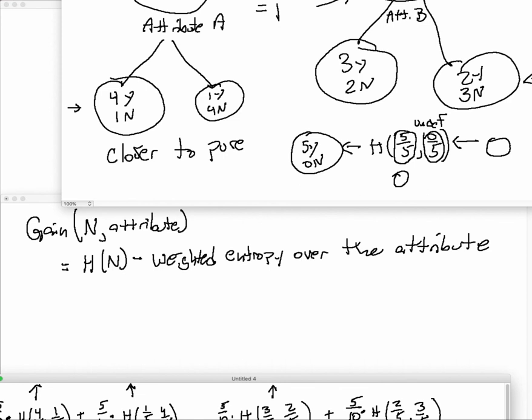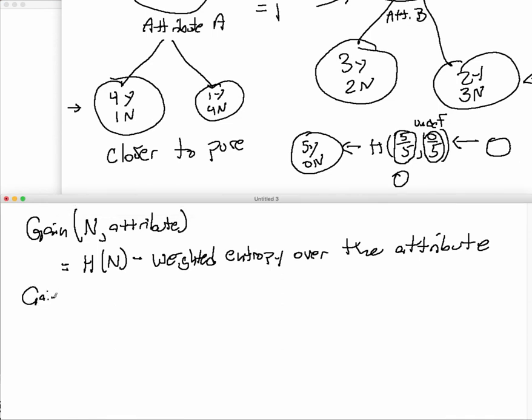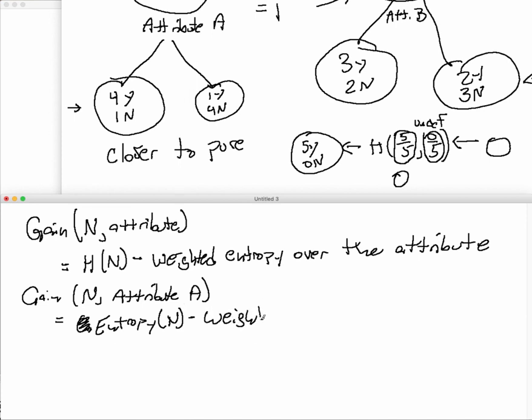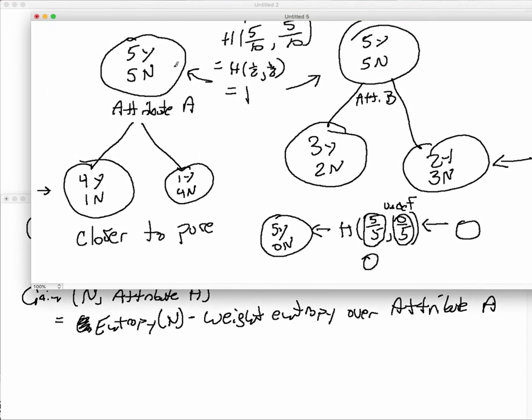So what we need to do is we come over here. Remember, we had attribute A and we had attribute B. So I want to look at the gain of n over attribute A, and that was equal to the entropy in n minus the weighted entropy over attribute A. Well, the original node had 5 yeses and 5 nos.